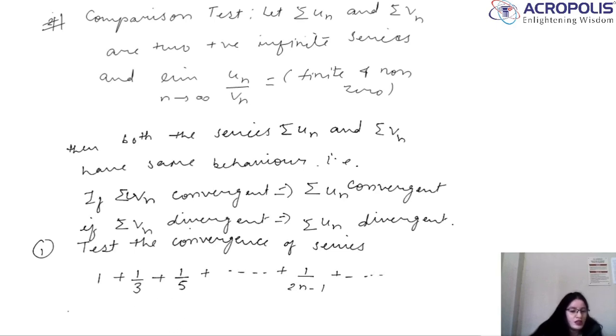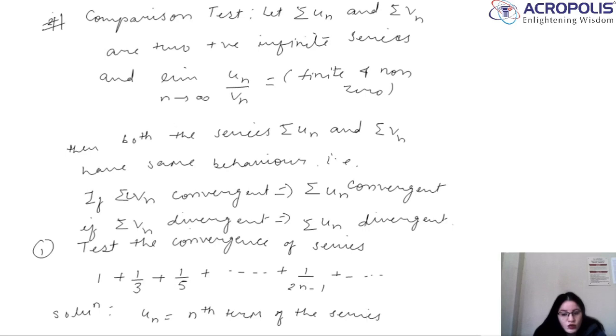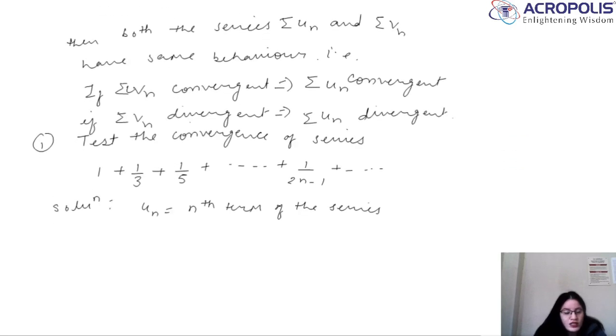Here, this is an infinite positive series. In this series, the nth term is un, that is, un is equal to 1 divided by 2n minus 1.